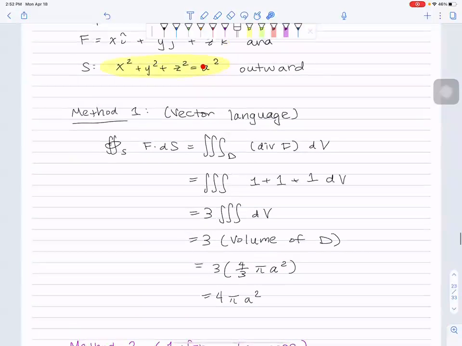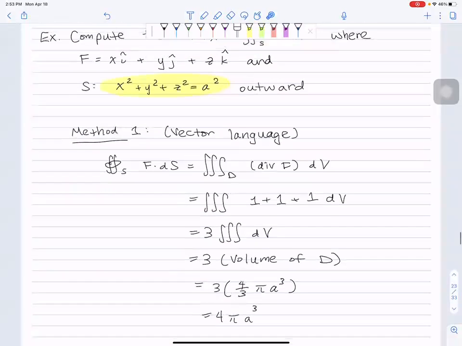For right now, our r is a. Okay. Any questions on that?